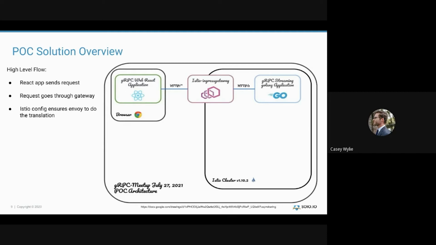I haven't got it to fail yet, but most likely my first failure will be during this live demo. At a high level, the web application is going to send through HTTP to the Istio ingress gateway. The Istio ingress gateway is going to handle the facilitation to the backend, and the backend is going to be streaming continuously back to the front end.